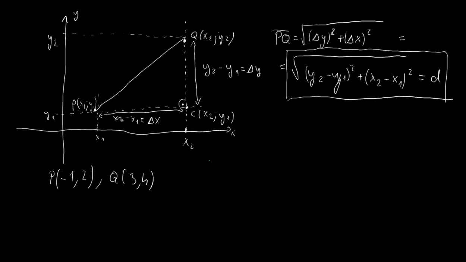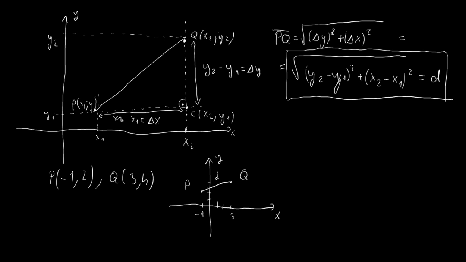Never so easy. Why? I just visualize it. This is another coordinate system, y, x. So here is (-1, 2), the P point, and (3, 4). This is going to be Q. And now we are interested in this distance.